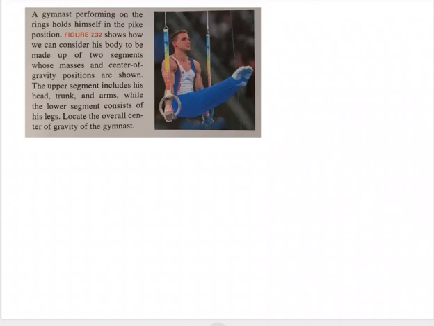So it shows how we can consider his body to be made up of two segments whose masses and center of gravity positions are shown. I actually didn't show them, so we're going to draw them on the side. The upper segment includes his head, trunk, and arms. So that is here. And then his lower segment consists of his legs. So that would be here.